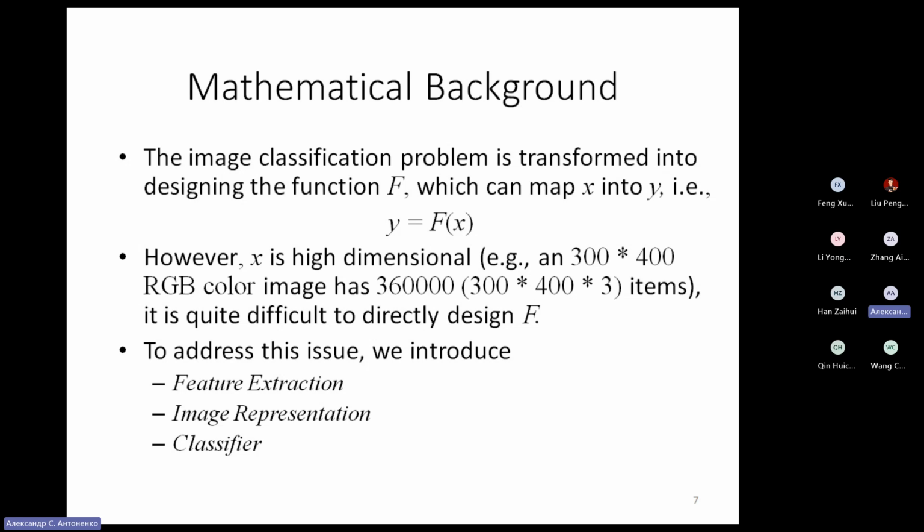Then we should use a classifier, some mathematical model. Based on the complexity of our problem and the size of our data set, we need to choose an appropriate machine learning model. There are different machine learning models, for example, support vector machines and decision trees. These are classical, older models.